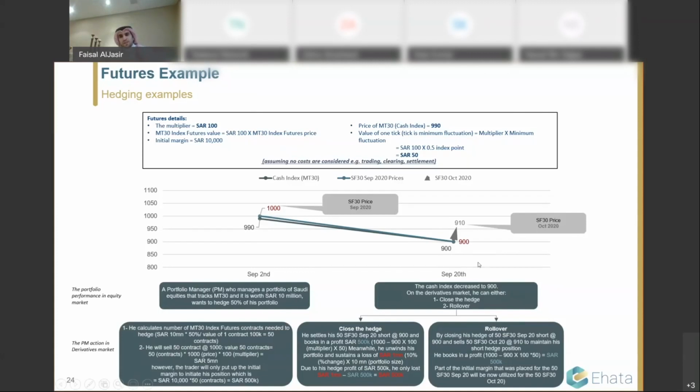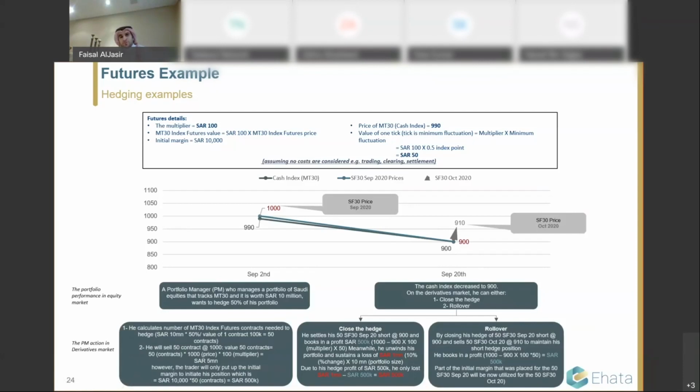However, he does have a hedge in place. The hedge actually generated for that hedger 500,000, basically the difference between the price he entered at, 1,000, and 900, the settlement price, multiplied by the multiplier.